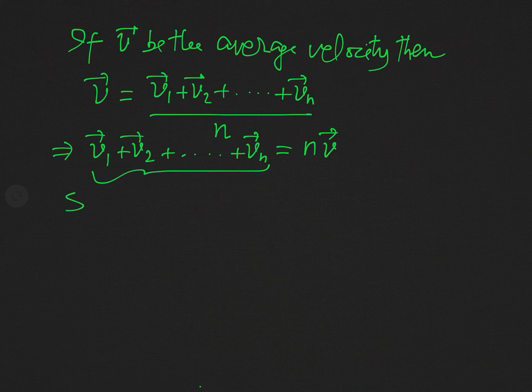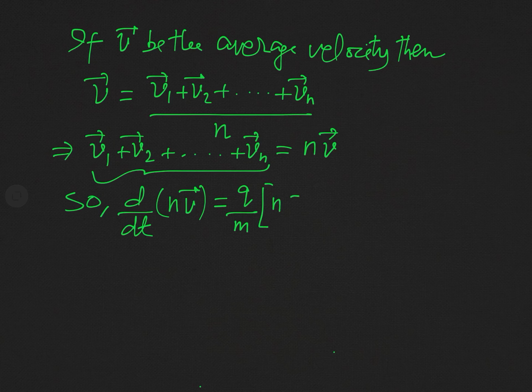We will find that d/dt of n into V will be equal to q over m (nE plus n into V cross B).